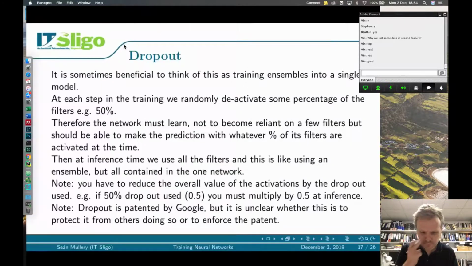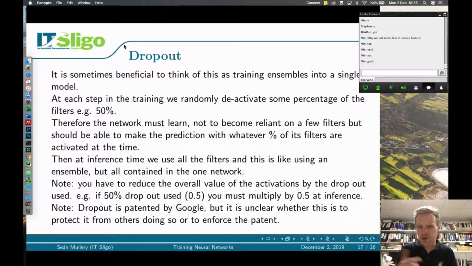Okay. So the idea of dropout is a little bit like that. If you were training a football team, you might drop some of your players in each different training match, so that each player gets to learn to be as good as they can, but also that each of the different ones get to learn to play with each other.